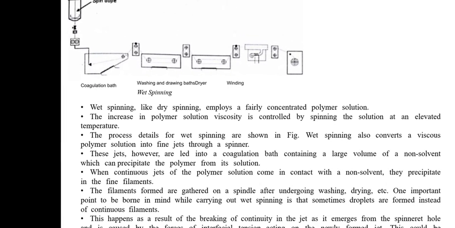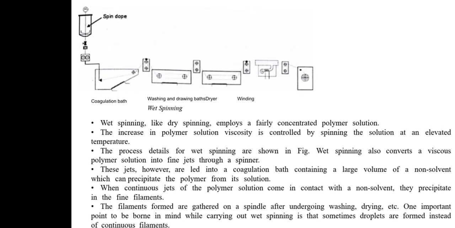Now we are going to discuss wet spinning. You see here, this is the spin dope. Here liquid, viscous, high temperature, that means melted polymer solution is present. It passes through this unit and is collected in the coagulation bath.